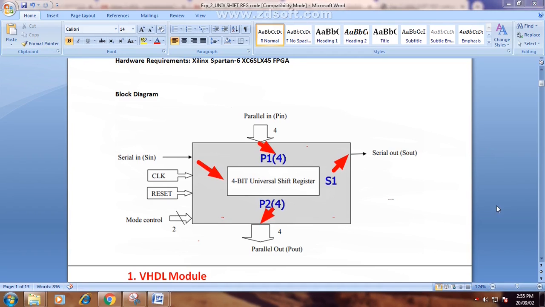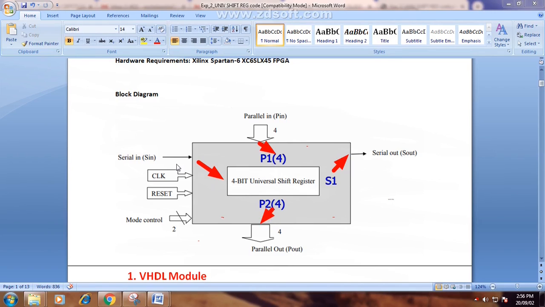So for writing the VHDL code we have to consider some intermediate signals to store intermediate values. Here two signals are considered, P1 and P2, which are 4-bit. Whatever is the parallel input will be transferred to P1, and whatever is the parallel output will be transferred from P2 to P out.